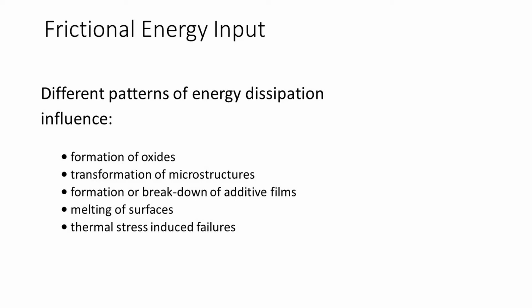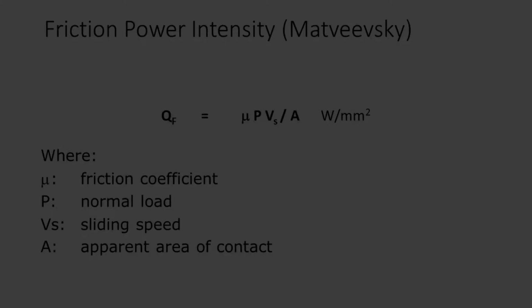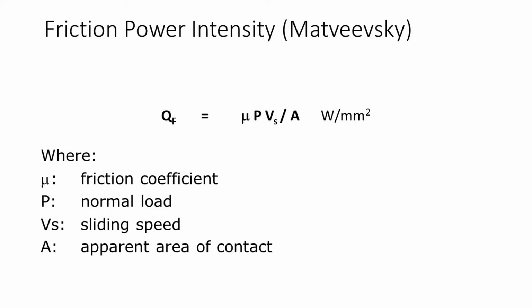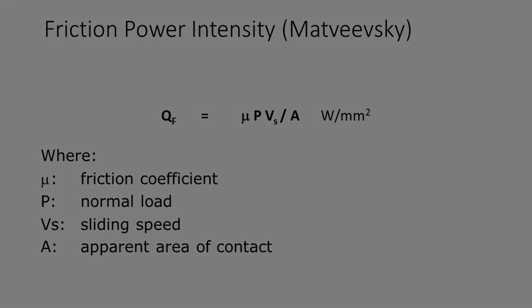Different patterns of energy dissipation give rise to different wear mechanisms. The friction power intensity, FPI, is simply defined as the amount of energy pumped into the rubbing surfaces as they pass through the contact zone. The temperature achieved in the contact and in the bulk material is directly related to the FPI and the size and thermal characteristics of the materials and their supports.